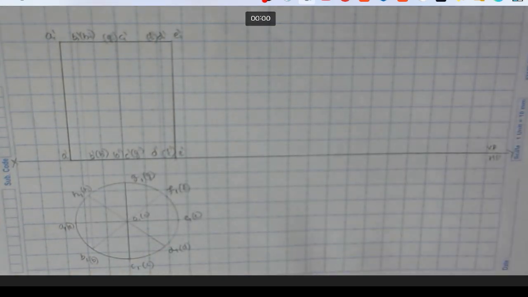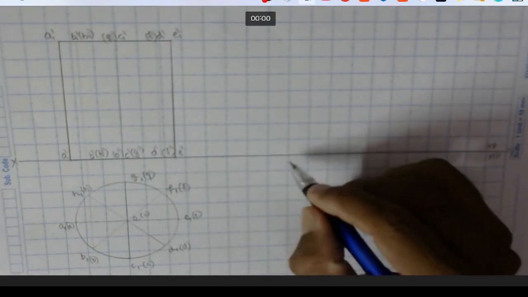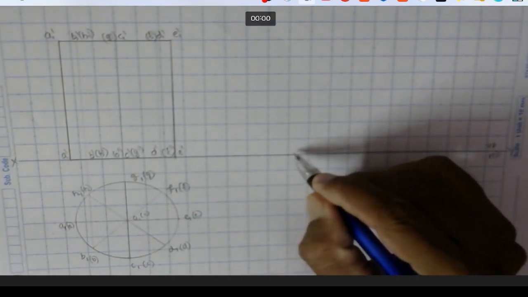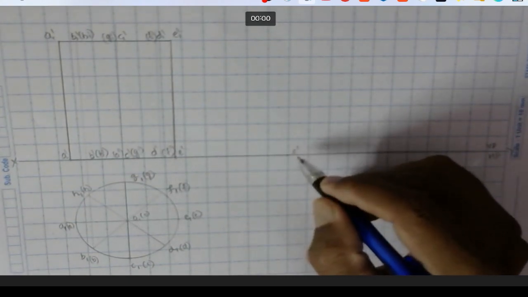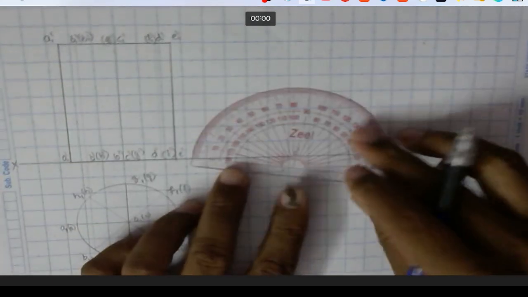Now this base surface is going to make an angle of 60 degree to the horizontal plane. So let us leave 1 2 3 4 5. I am going to mark a point here. This point is E dash. Now from the E dash point, I'll just mark an angle of 60 degree.